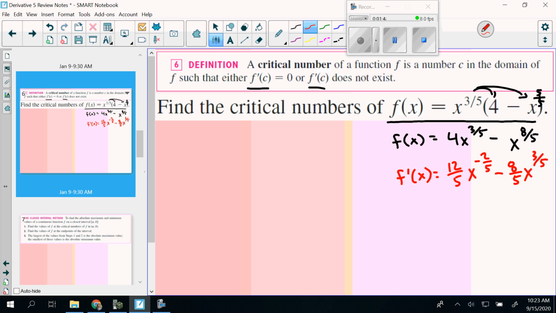Okay, so now what we want to do to figure out where the critical numbers is see where this derivative equals 0. In order to do that first, I want to put this together and see what this looks like as one thing here. This exponent is negative, so I'm going to drop that down to the bottom here.